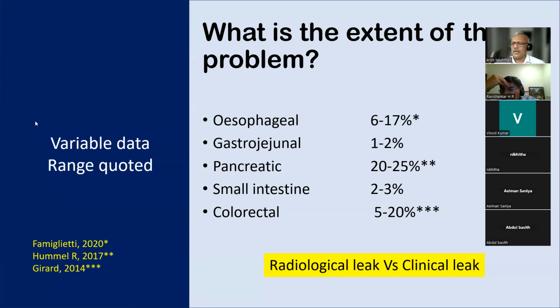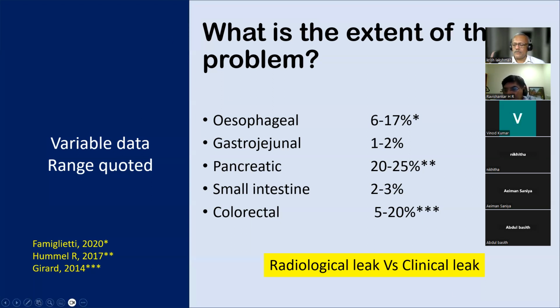So the point that I'm making is that when you're actually treating a patient, you will have to go more by the clinical signs and symptoms than by radiology, even though radiology is a very good tool to diagnose leak when you suspect it on clinical grounds. Okay, you understand that?